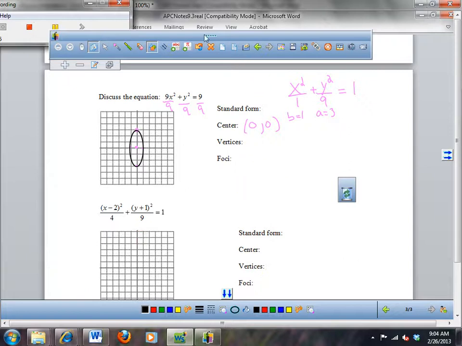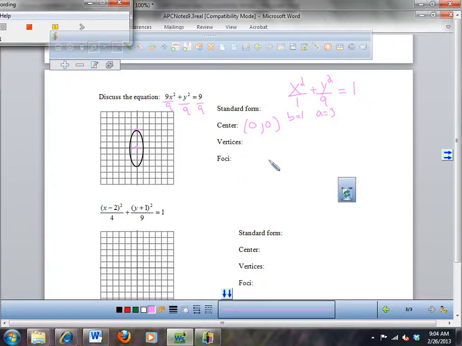And then again, we can find the vertices, right? Vertices are at 0, plus or minus 3, and then at plus or minus 1, 0. And then for the foci, you're going to do a squared minus b squared equals c squared. So 9 minus 1 equals c squared. So c squared equals 8.